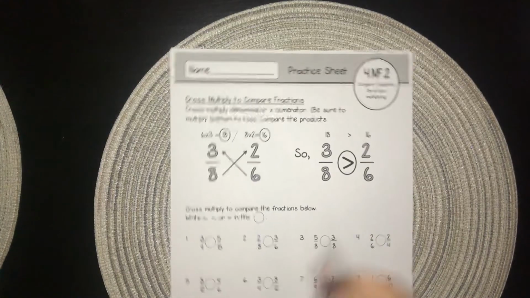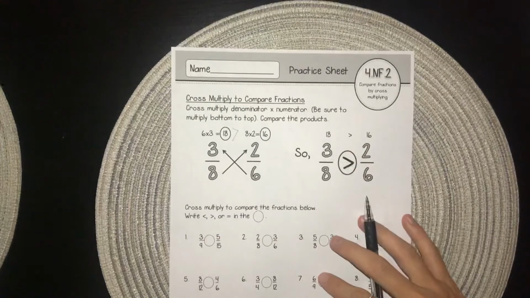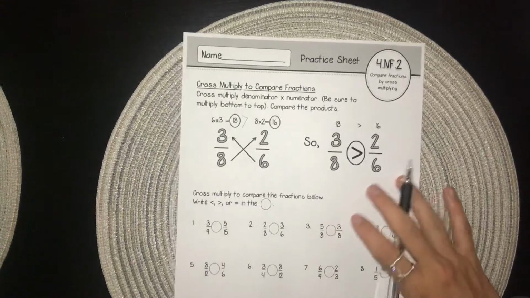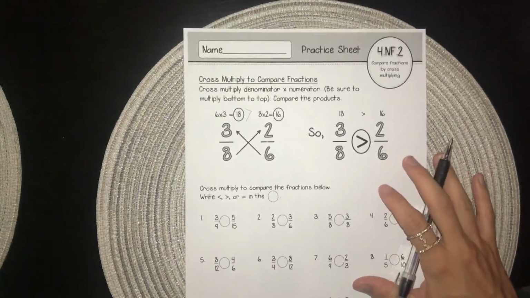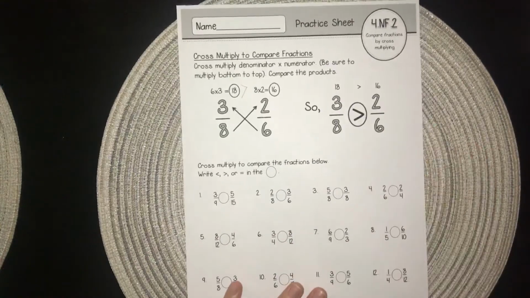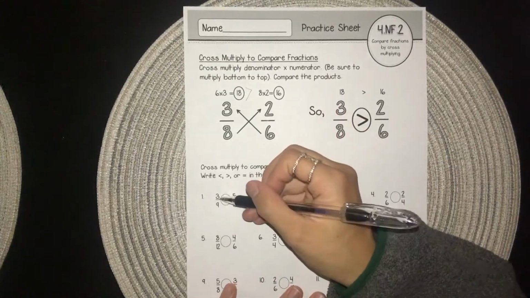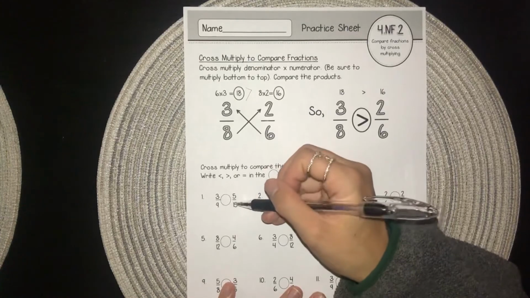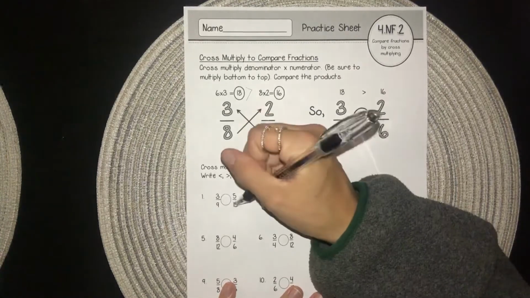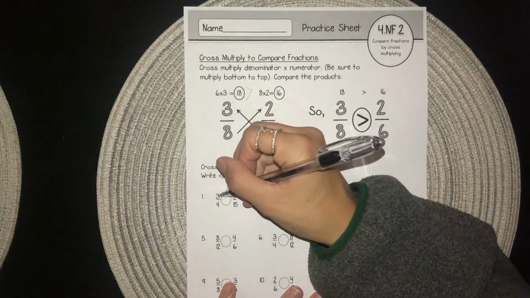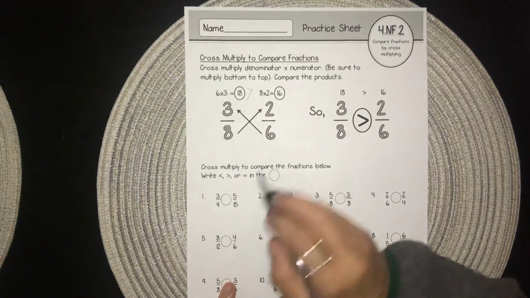So this is actually a worksheet that we did in class when we were working on it all together, so I hope that you remember it, but we'll do a few examples here. So we have 3/9 and 5/15. So we're going to do 15 times 3 and then 9 times 5.